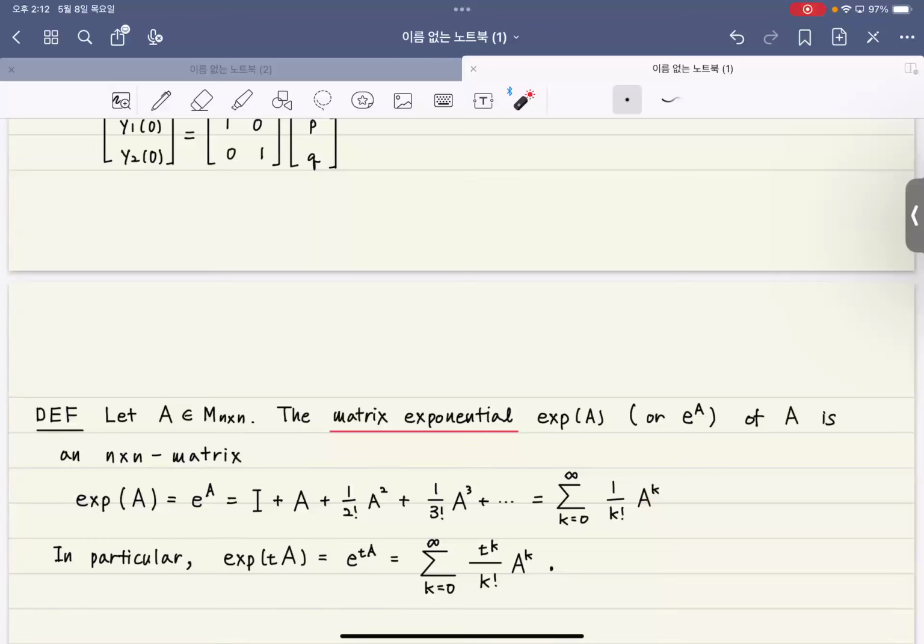If you have attended Calculus 101, then I guess you are quite familiar with this expression. This is precisely the expression for the exponential function, but the only difference is that x to the power of k has been replaced by A to the k. That's it, right? Because of this, we say this is a matrix exponential.